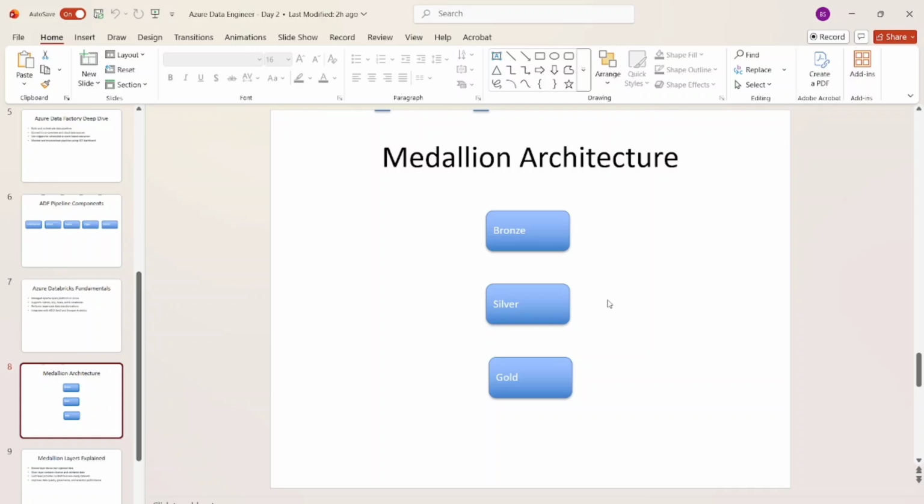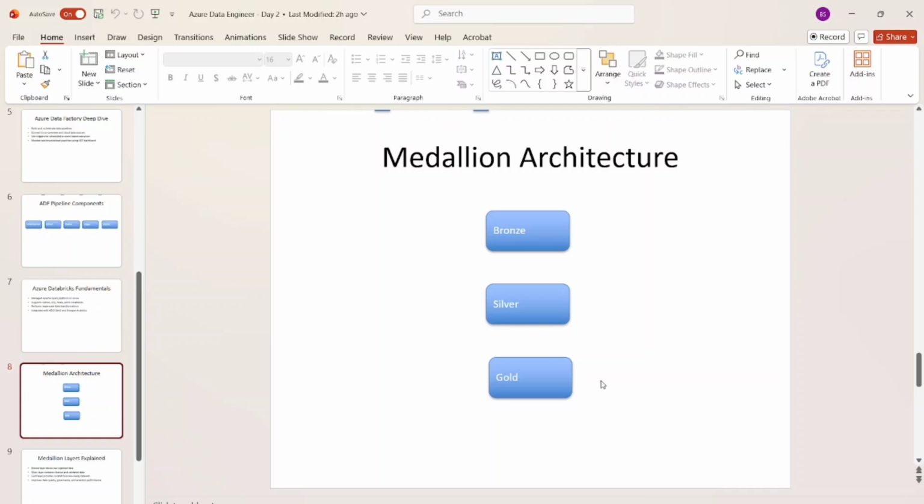Finally is the gold layer. The gold layer contains business-ready and aggregated datasets. After doing the transformations, it will move to the gold layer. Characteristics are optimized for reporting, supports dashboards and analytics, consumed by business users.